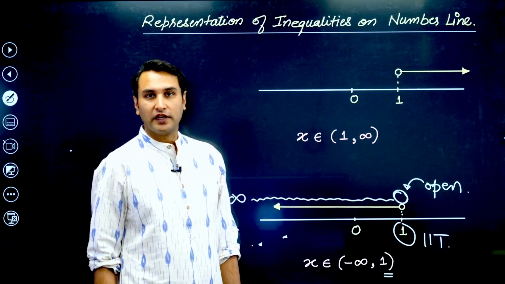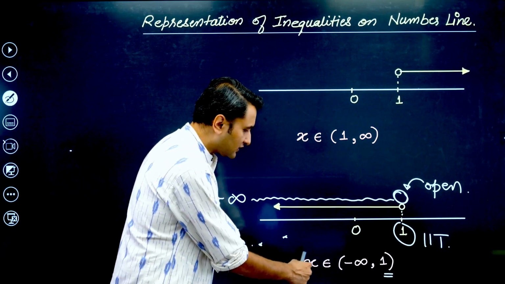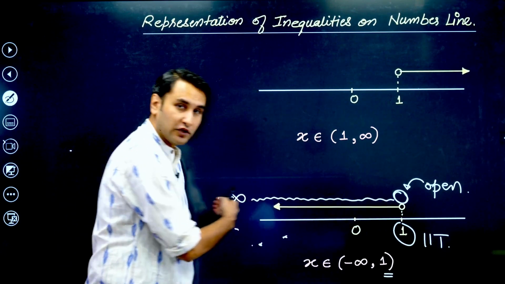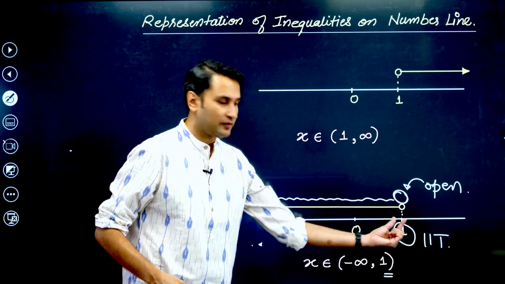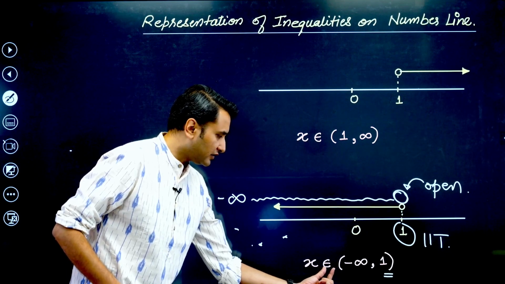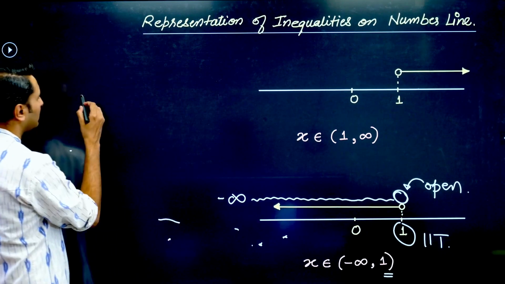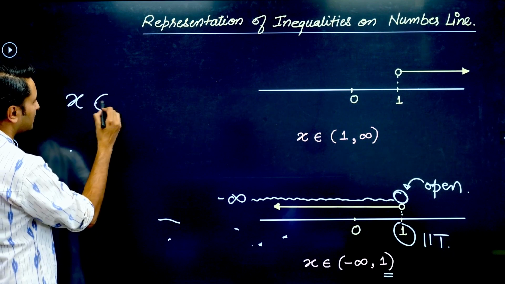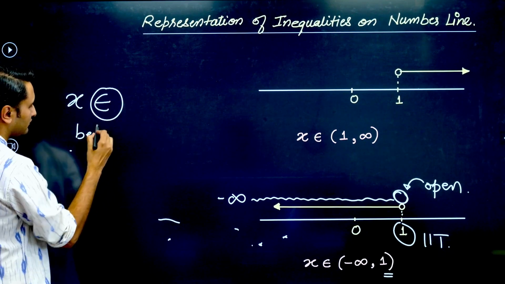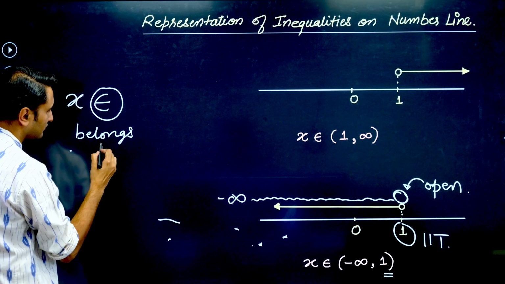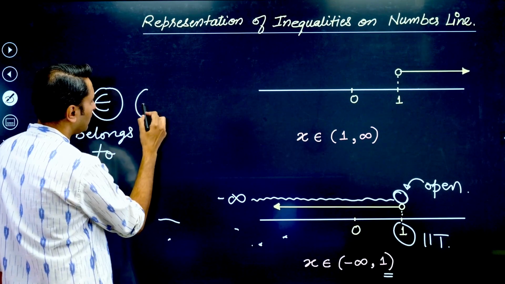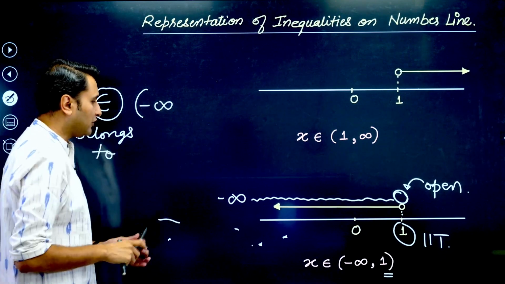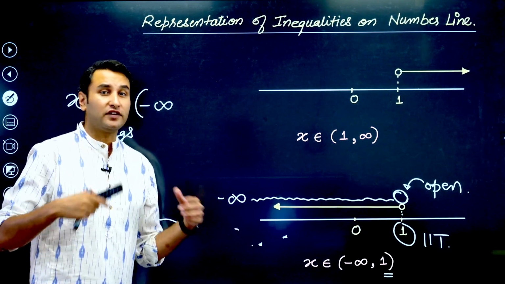So the representation is: x belongs to, read this as belongs to, the interval from -infinity to 1. Remember, you are so negative that you can't even describe it.